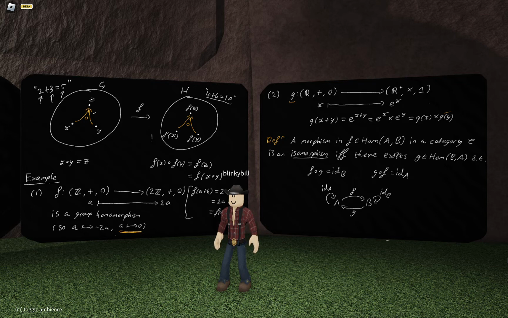If we think about this in the setting where A and B are sets, then to say that F composed with G applied to an element of the set B is the same thing as the identity, if you apply that to B, you should get back B. Evaluating what composition means in the category of sets, you apply G to B first, and then you apply F to the result of that.